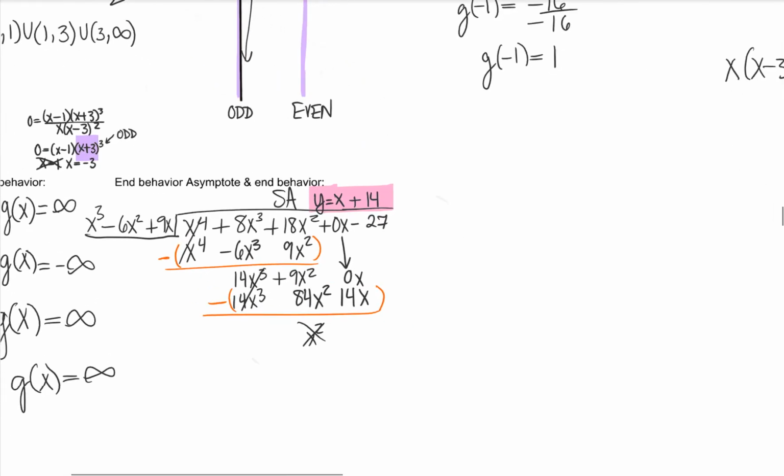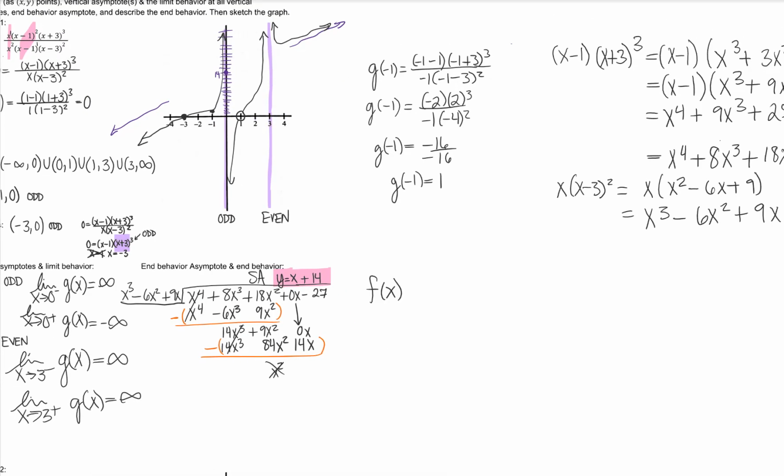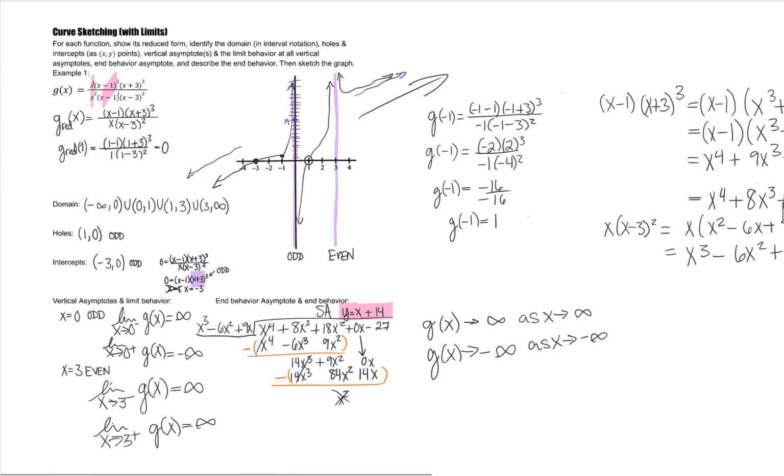Our end behavior is written f of x approaches something as x approaches infinite positive numbers, and f of x approaches something as x approaches infinitely negative numbers. As we're approaching positive, this is a g of x graph, we're headed toward positive infinity. And in this direction, we are headed toward negative infinity.